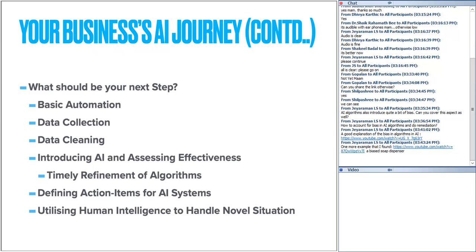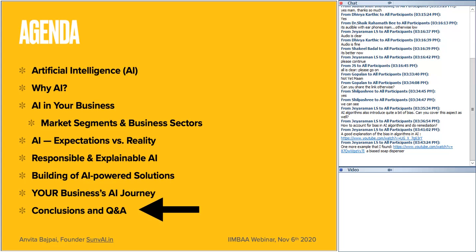But if it's a critical case, then it may not work. And then how and where you will apply human intelligence. These are some of the steps you have to think through when you're talking about the AI journey for your particular business. Based on how much time we have, we can take questions or go into detail on any of these points.